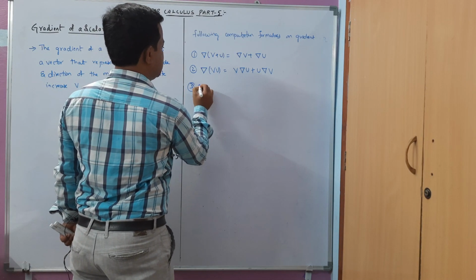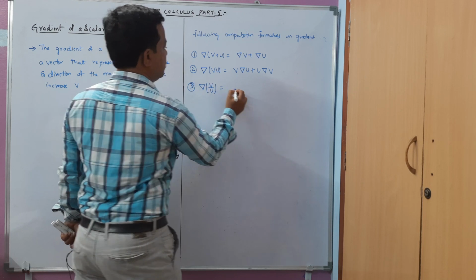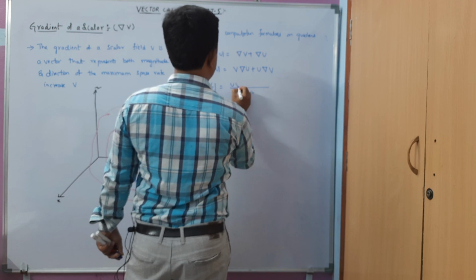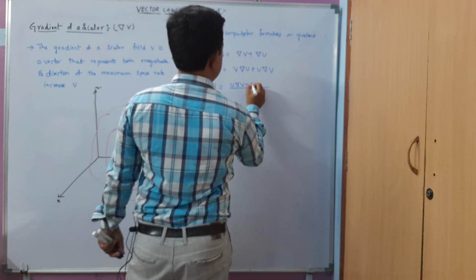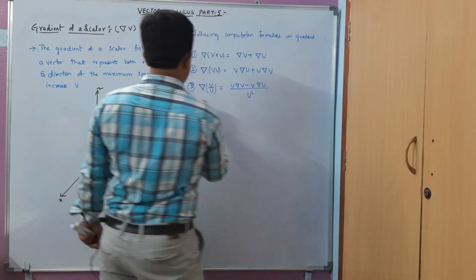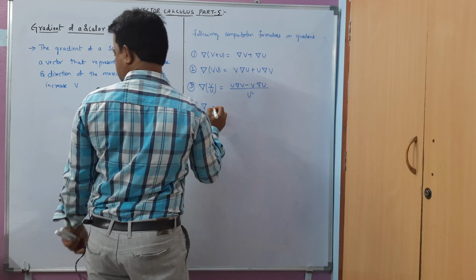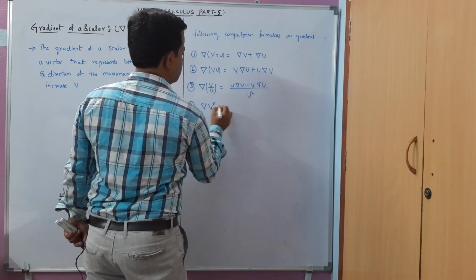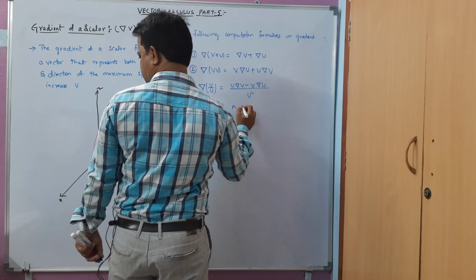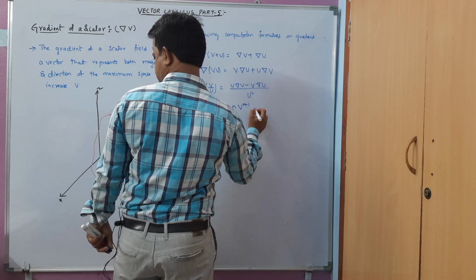The third one is del of u by v, which is v del u minus u del v over v square, as per the quotient formula. And the last one, del of v power n, gives n into v power n minus 1 into del v.